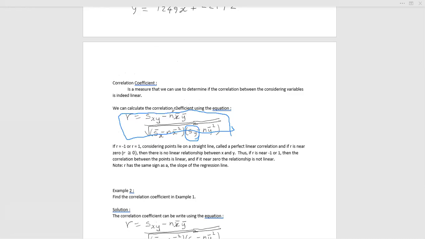I told you we need that later on. This is where we are using it, SY. Now we have all these parameters calculated before, so what we have to do is substitute them and calculate the value of R. Let's do that as example 2.